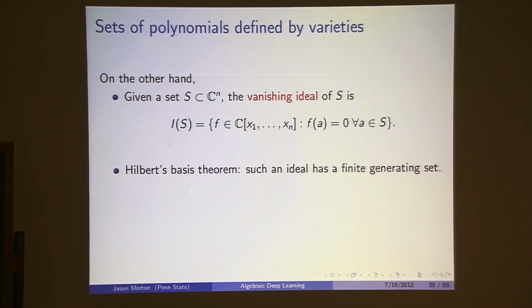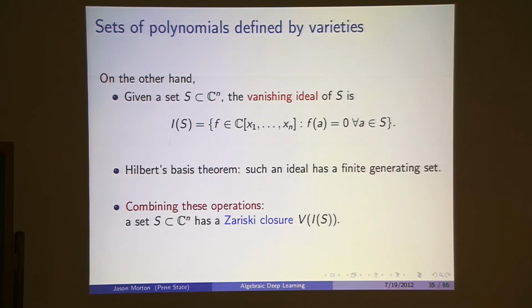Then Hilbert's basis theorem from over 100 years ago says that such an ideal has a finite generating set. So there's some finite list of polynomials such that all other polynomials can be written in terms of those. That's nice. It would be bad if there were infinitely many. It would be a hopeless task to try to describe a set of probability distributions this way.